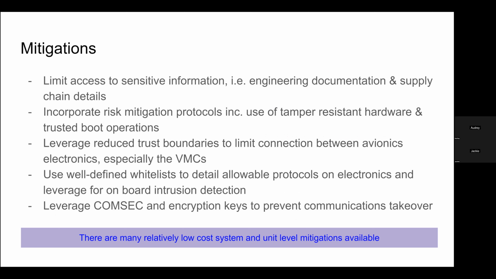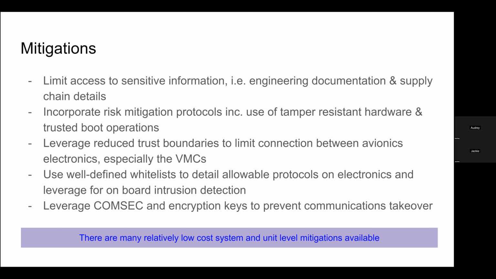There are a lot of mitigations that can prevent the attack that we're describing. Limiting the access to sensitive information to the public, so engineering documentation and supply chain details don't need to be made public. Incorporating risk mitigation protocols, including use of tamper-resistant hardware and trusted boot operations.